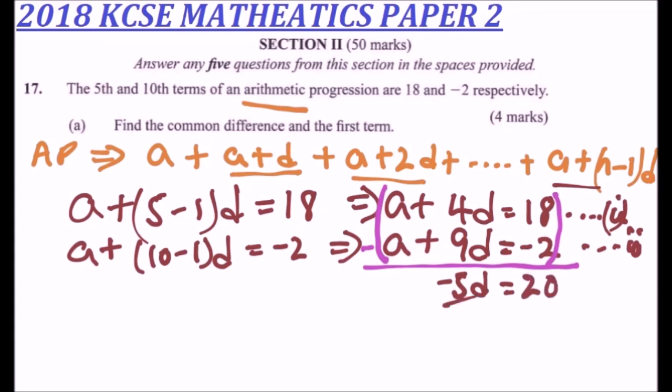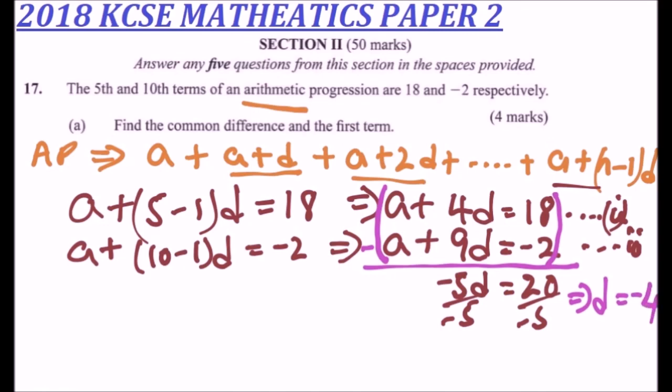And when you divide minus 20 by minus 5, you realize that our d is equal to minus 4. So we have our d.